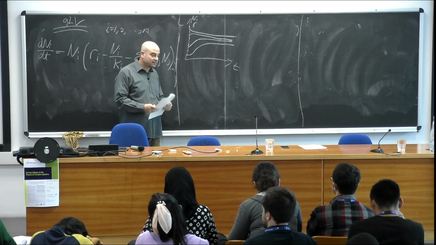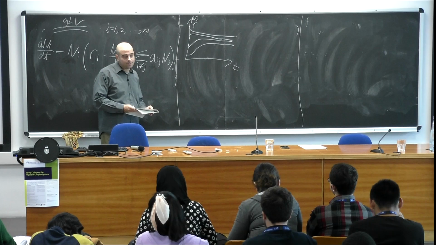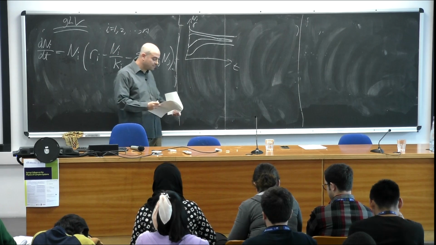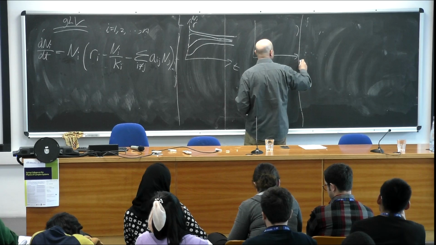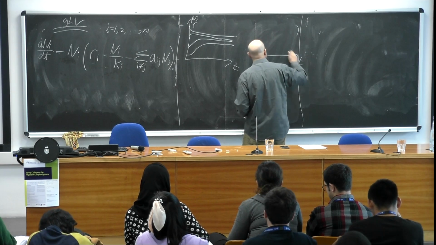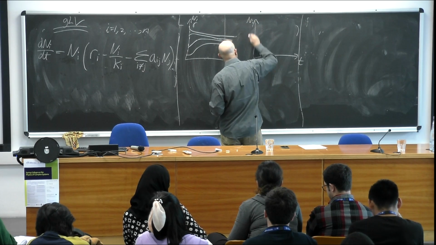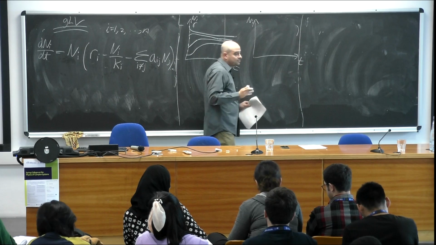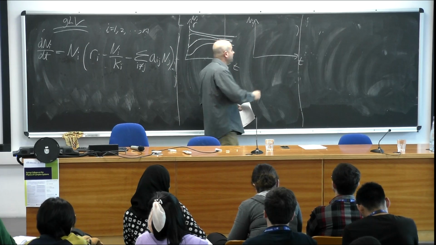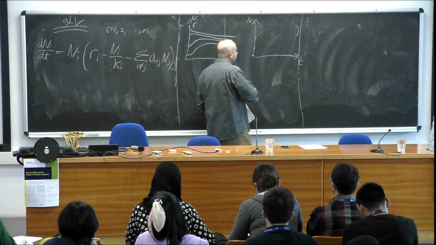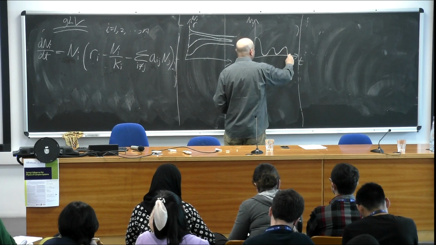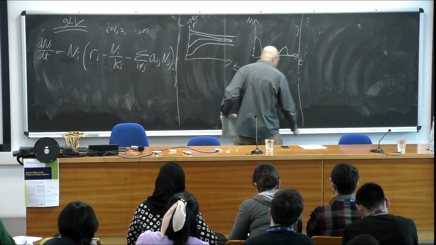I have a separate plot here. If you have three competing species, then you can cook up the Aij so that even if you start at some arbitrary initial values, they will end up oscillating.